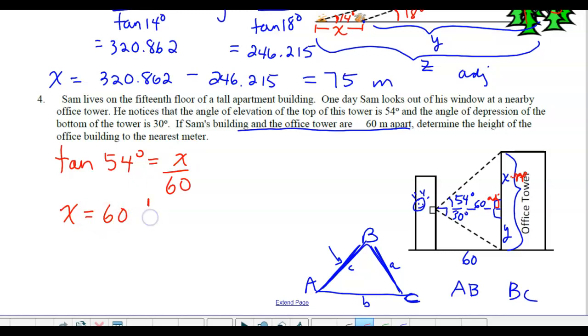And then in the bottom triangle, this is opposite and the 60 is adjacent. So then tan of 30 is Y over 60. So Y equals 60 tan of 30.